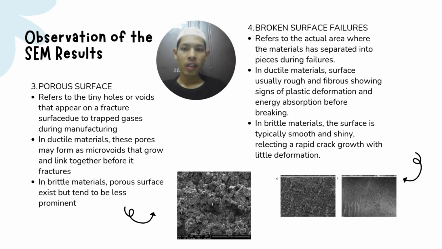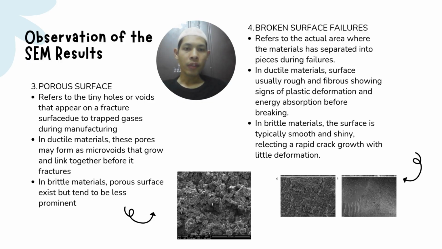Observation of the SEM result. Third, porous surface refers to the tiny holes or voids that appear on a fracture surface due to trapped gases during manufacturing. In ductile materials, these pores may form microvoids that grow and link together before it fractures. In brittle material, porous surface exists but tends to be less prominent.